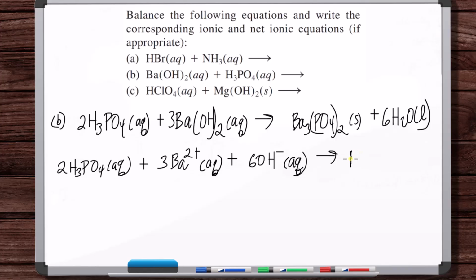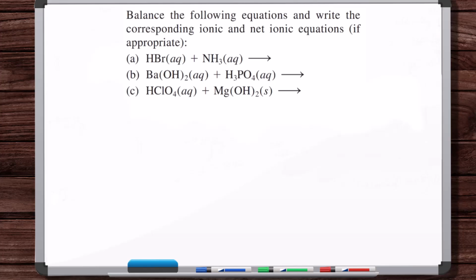Then you've got, okay, there's the ionic equation. Now, that's also the net ionic equation. There's no spectator ions. So the ionic and the net ionic equations are the same in this case.